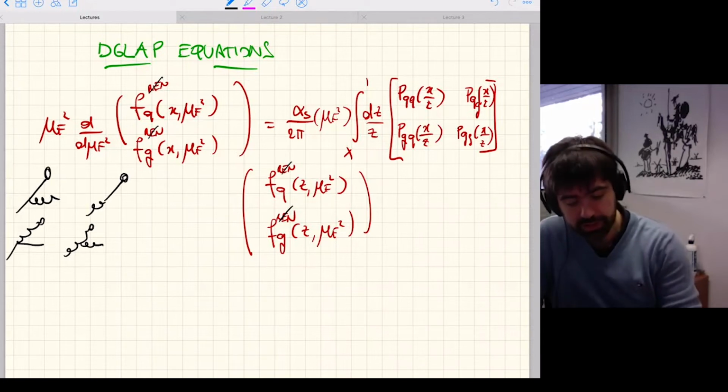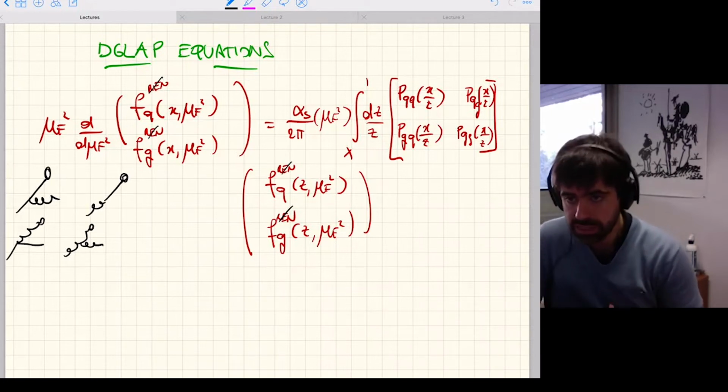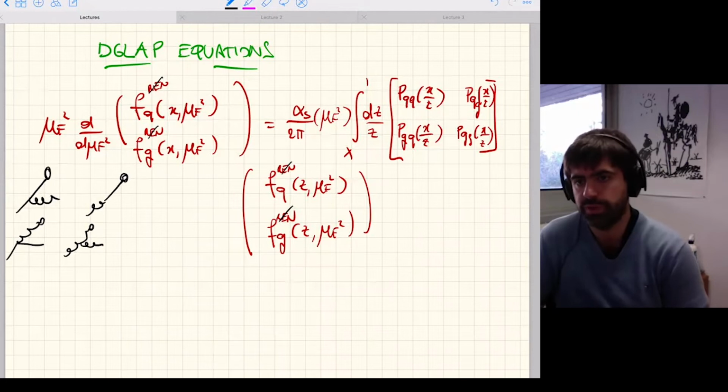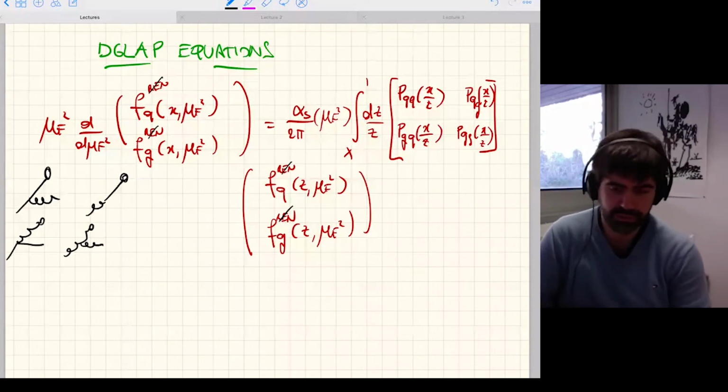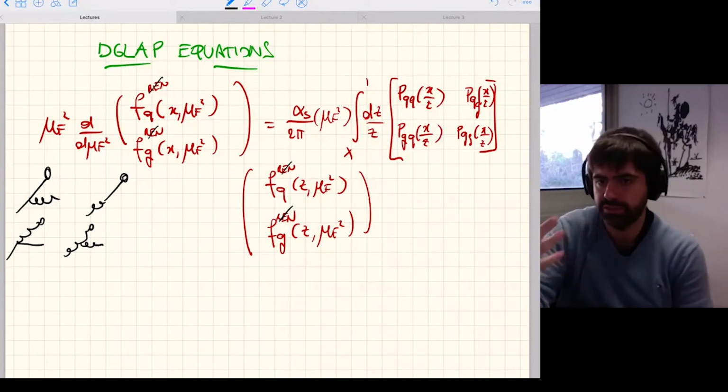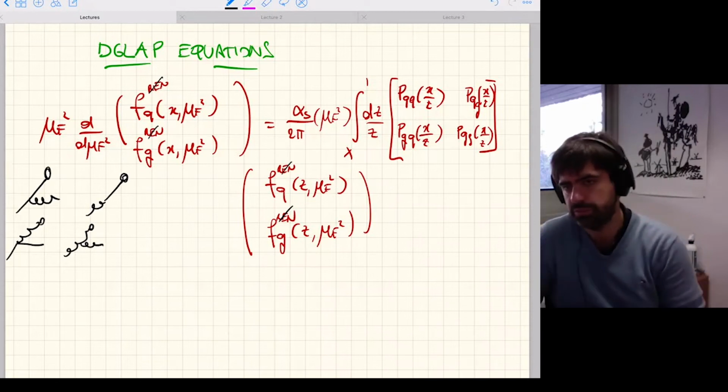Because the evolution kernel, this matrix of splitting functions, is something that we compute order by order in alpha_s. Here I've written the first order in alpha_s, and one can write down the second order correction, and then on to three loops.